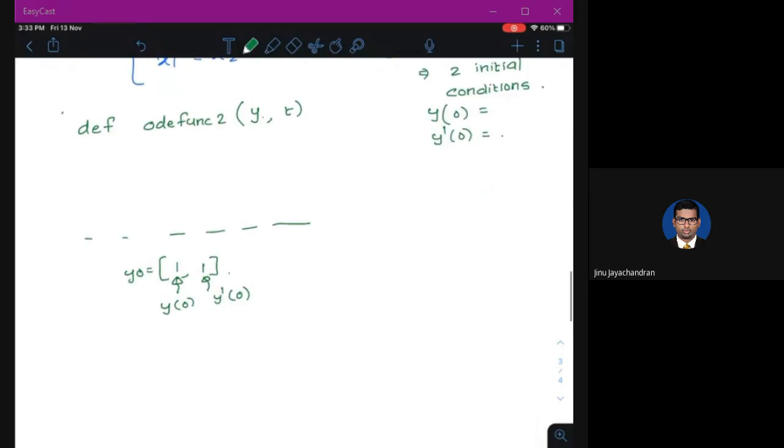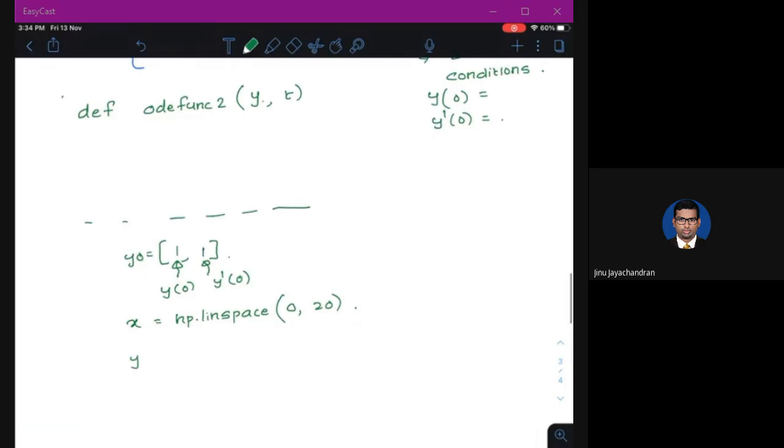And then you generate x using linspace, it's 0 to 20, and you call odeint with the function ODE func2 with the initial condition y0 with the independent variable x already generated here.